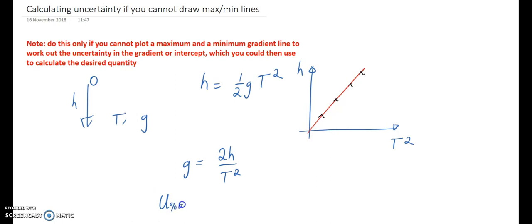The percentage uncertainty on g is the percentage uncertainty on h plus 2 lots of the percentage uncertainty on t, noting that there's no percentage uncertainty on the number 2. So what I need from the data is a percentage uncertainty on h and a percentage uncertainty on t. Let's look at the data.